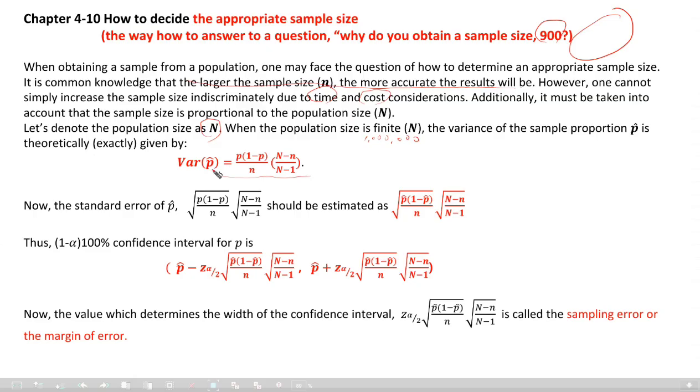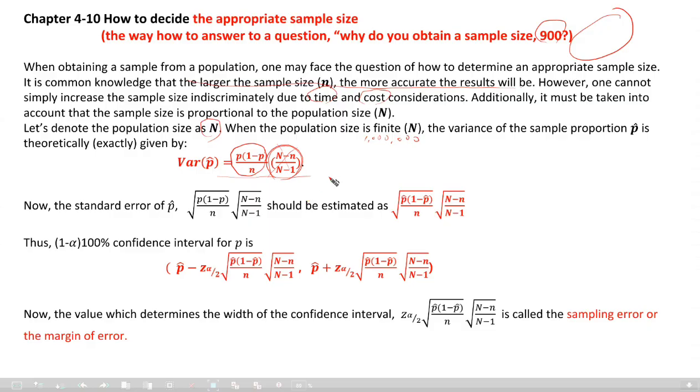We studied the sample proportion p hat; its variance is like this, but that is the case when N is infinity. When capital N is finite, we have what we call a correction factor like this. Even with this factor, it is very close to 1, so we ignore this part.